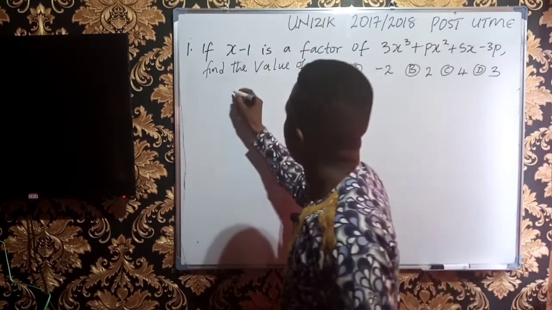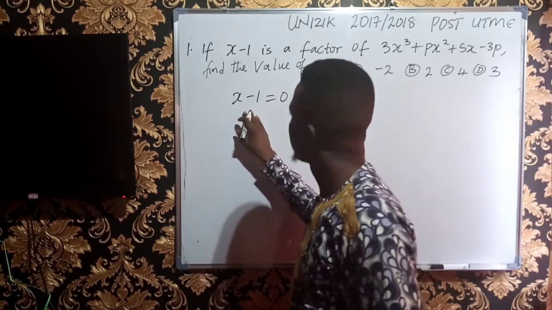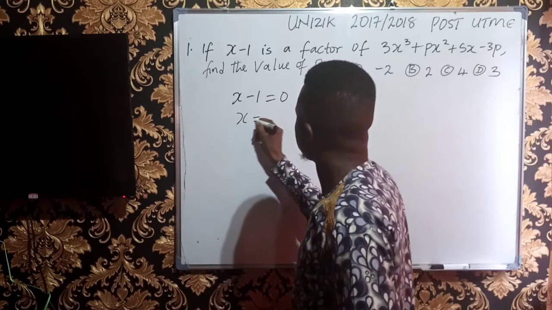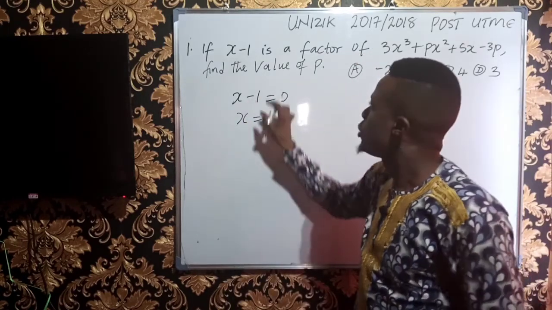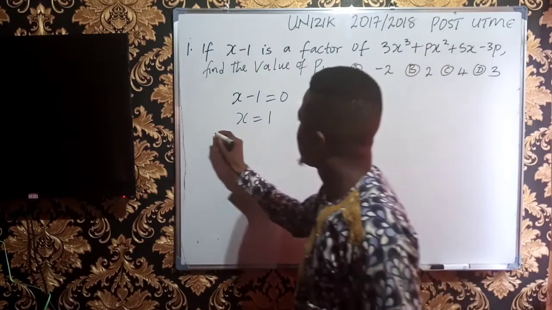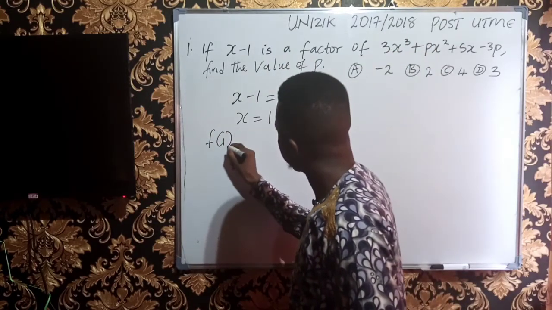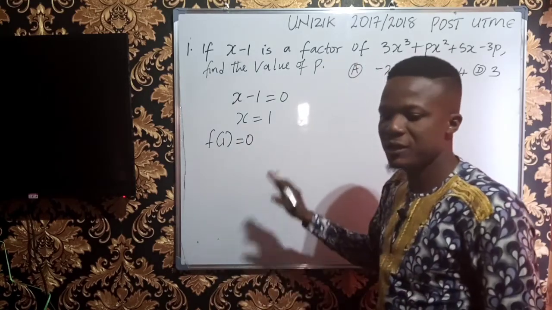Therefore, when we have x minus 1, let us equate with 0 to get the value of x. So here it means that x is 1 because when 1 comes over here, it becomes positive. Because this is a factor of this particular polynomial, I will get f of 1. It means that f of 1 must be equal to 0. That's the implication since it's a factor.